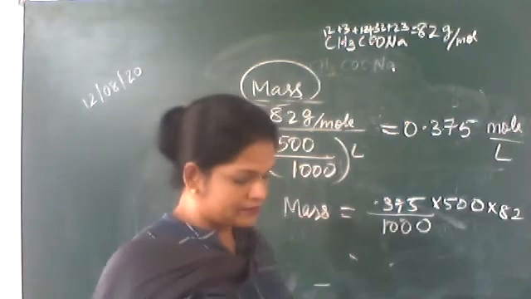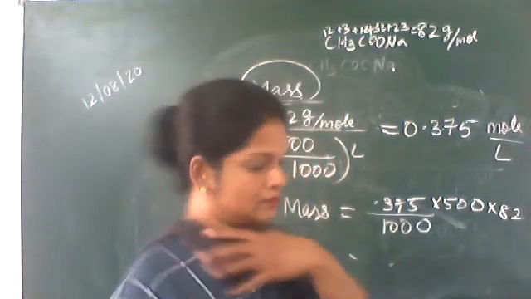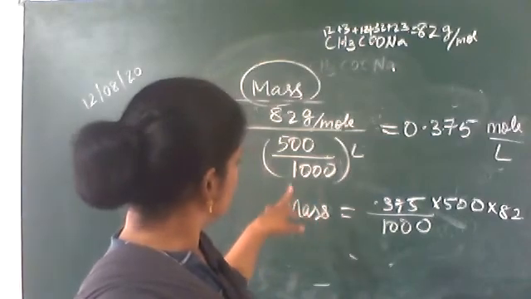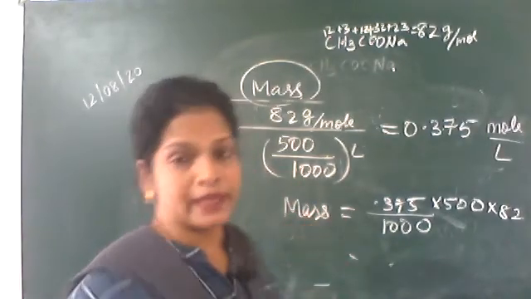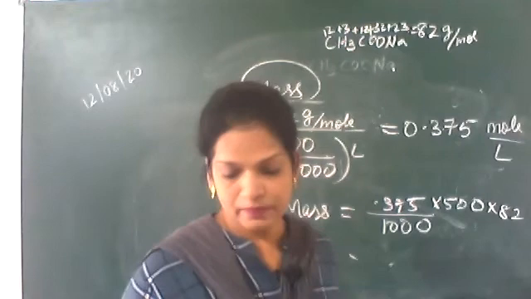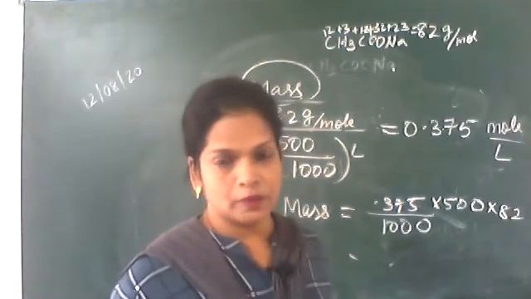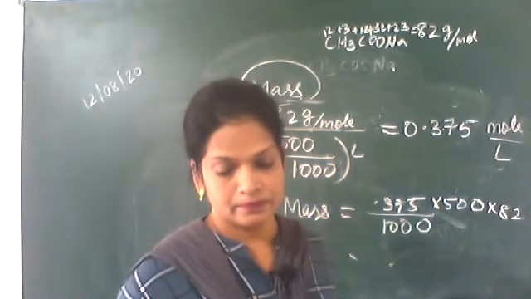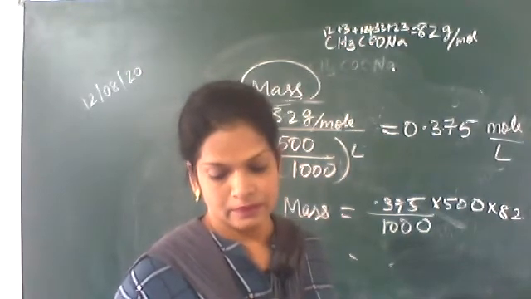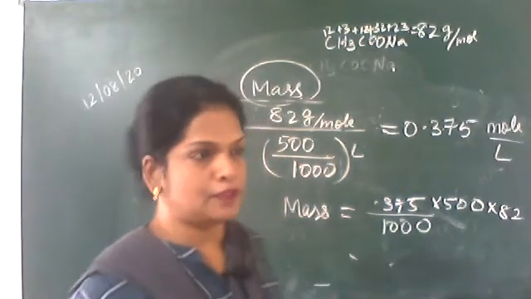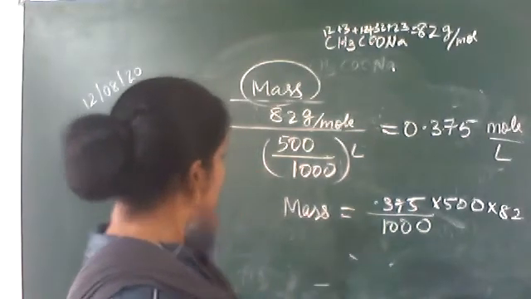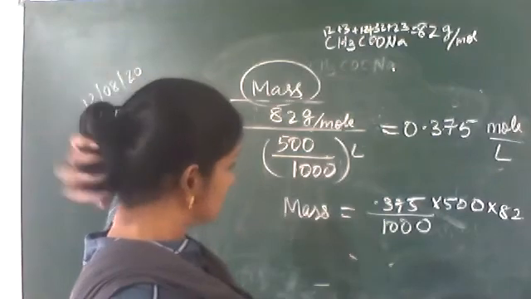So 0.375, mass you can calculate. Approximately what mass are you getting? Tell me. 15.375 grams.